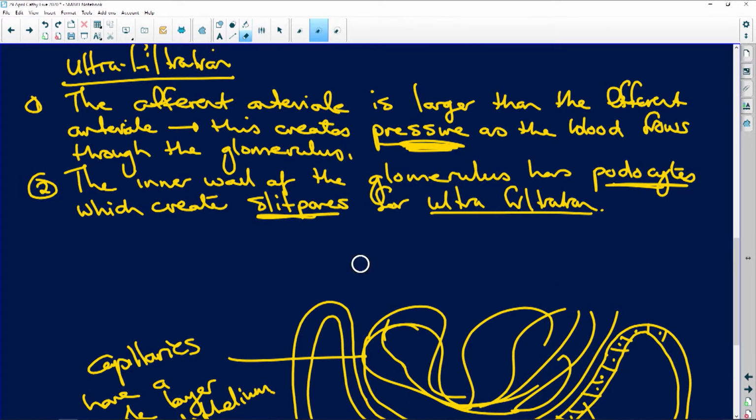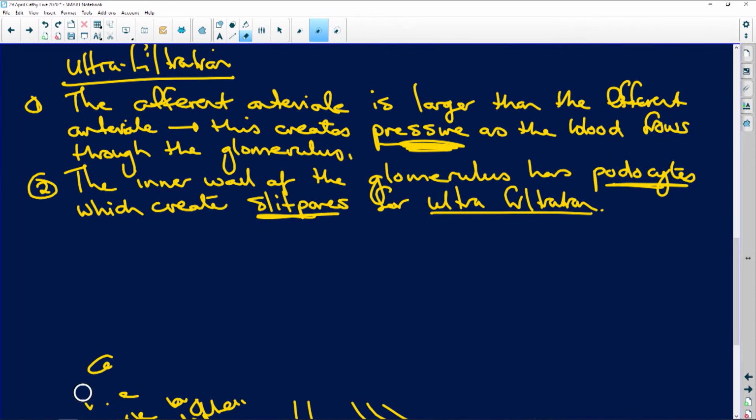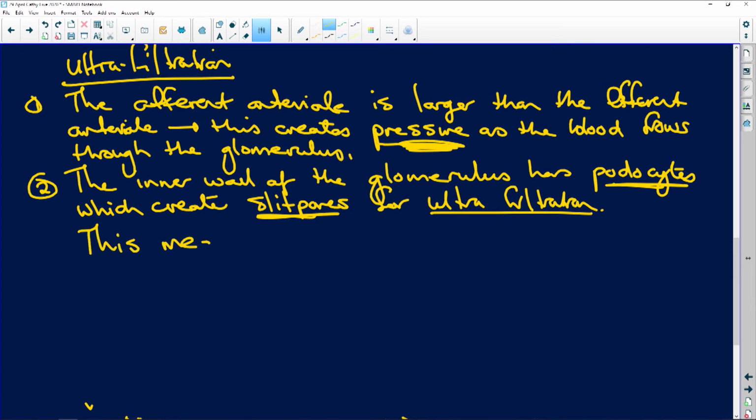Now, okay, this means that glucose, amino acids, do you remember that amino acids are your monomers of proteins?